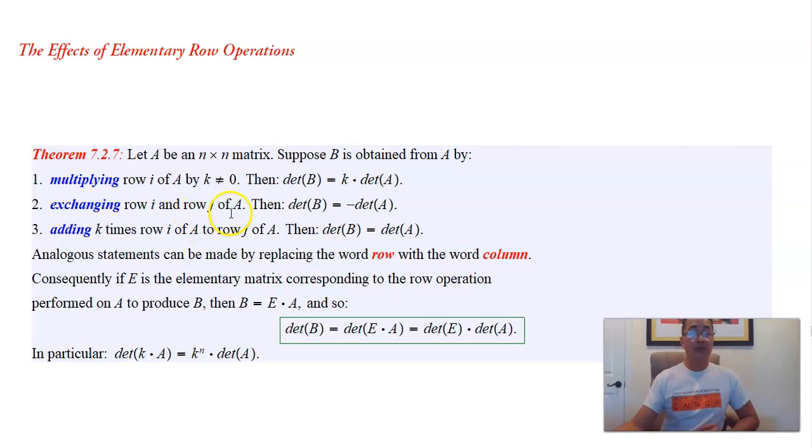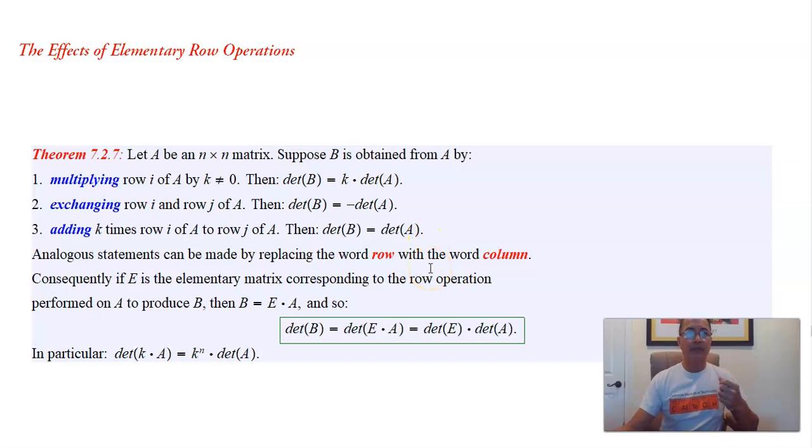If you exchange two rows of A, then the determinant of that new matrix is the negative of the determinant. If you do a type 3 operation, if you add k times one row of A to another row of A, then you don't change the determinant. The determinant of the new matrix is still the same as the determinant of A.